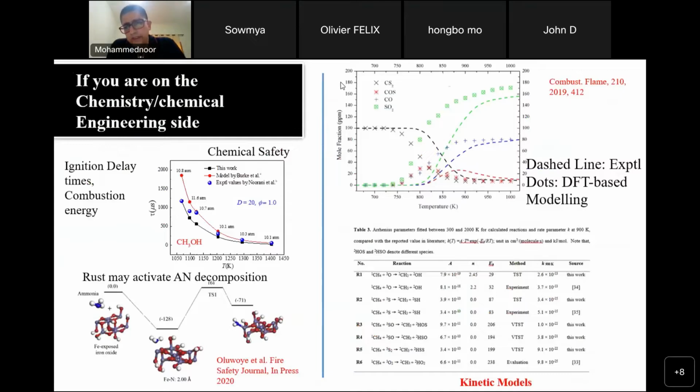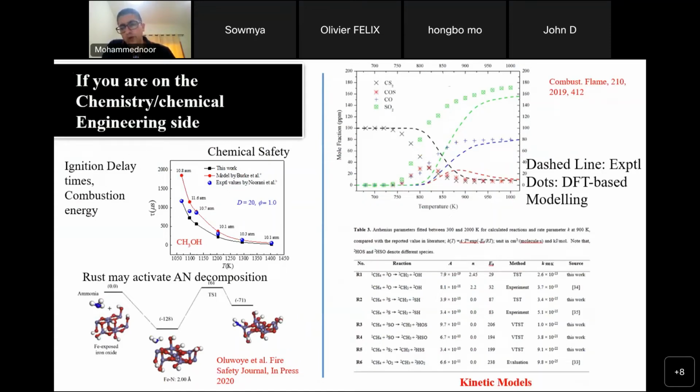So these are the main uses of DFT for chemists and chemical engineers. DFT has been used in chemical engineering to calculate properties related to the chemical safety of a compound, for example, the ignition delay time, or the combustion energy. Or you could also study the behavior of materials in fire, and what type of pollutants they can emit.